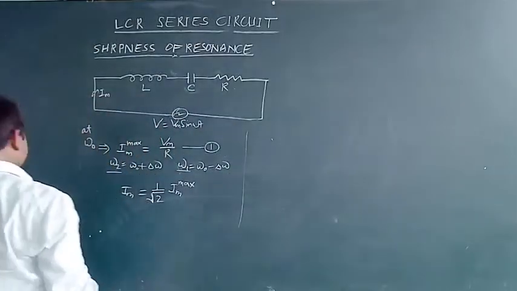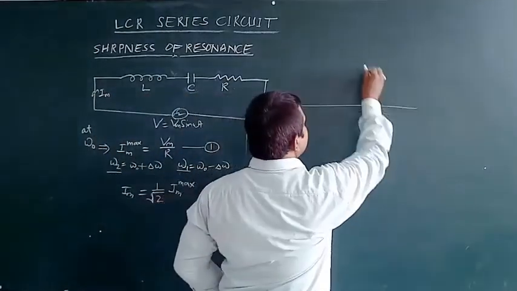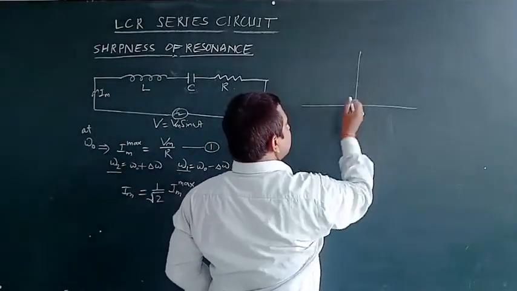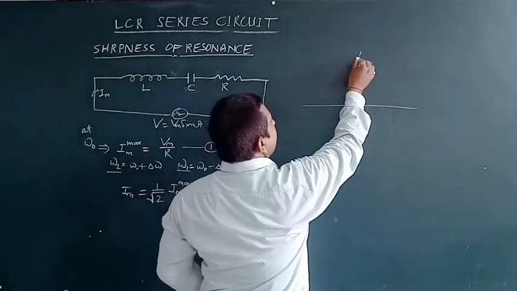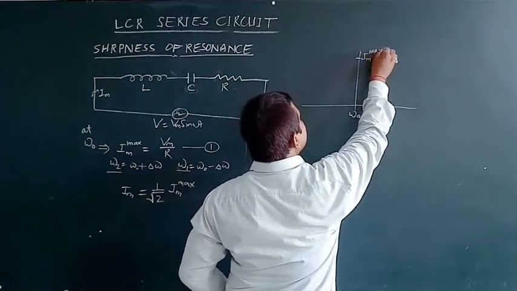As we know, resonance occurs at omega naught, where the current is Im max.